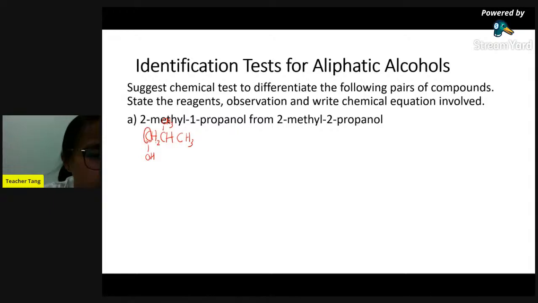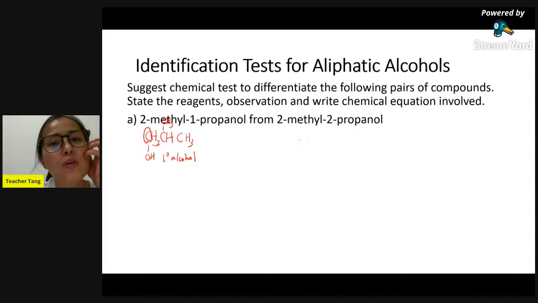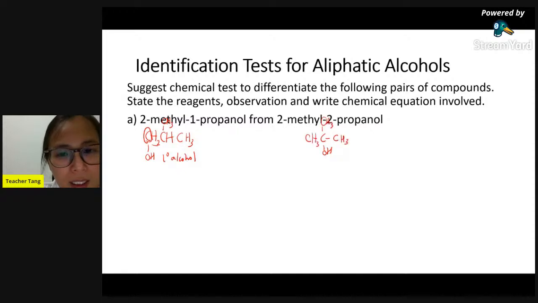Can you see that this carbon has 2 hydrogens, so 1 alkyl group. So this is a primary alcohol. For 2-methyl-2-propanol, we draw it first. Can you see that this carbon has no hydrogen, 3 alkyl groups, tertiary alcohol.